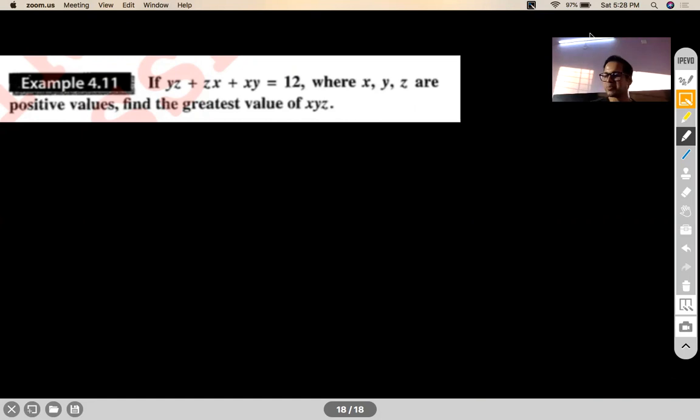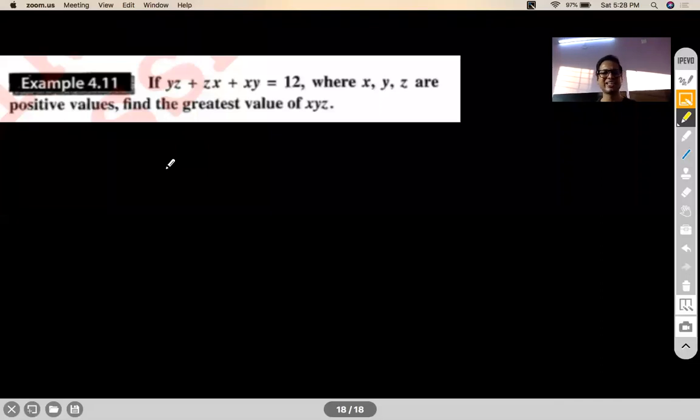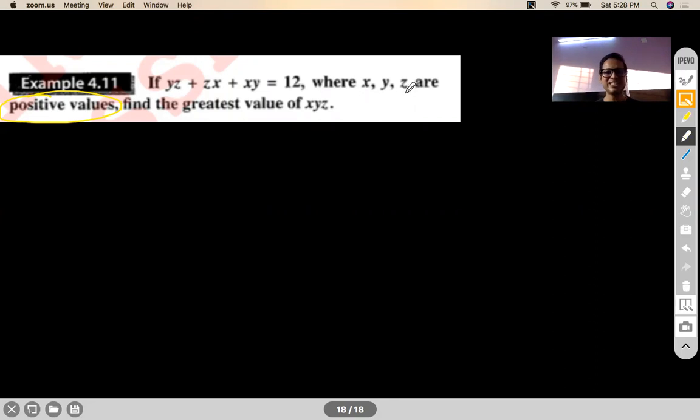Okay, very good. So here, many times when it comes to questions like greatest value, least value, etc., or when you see words like positive, these are all hints for you to use the AM-GM-HM inequality. Correct? So if x, y, z are positive quantities, dear students, I would like to reiterate this.